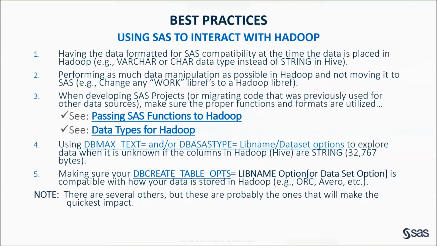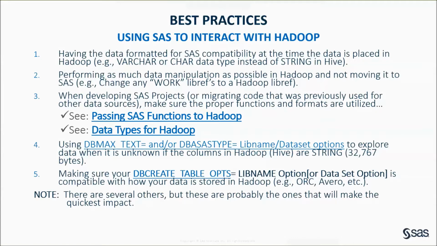The reason this is important is because of the string types in Hive that cause a very significant issue addressed in item number 4. The best practice here, again, is to have that collaboration and place the data in Hadoop in a format that's compatible with SAS.